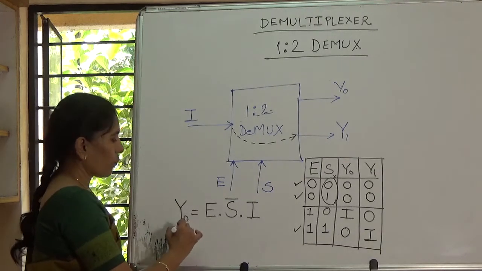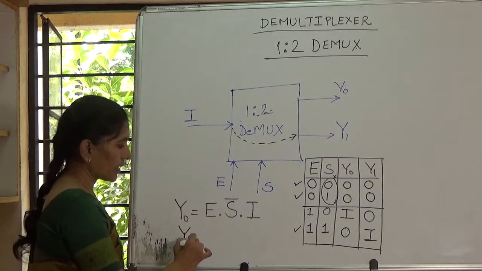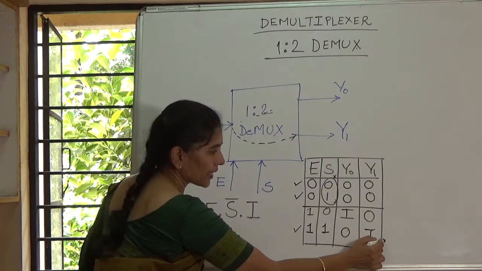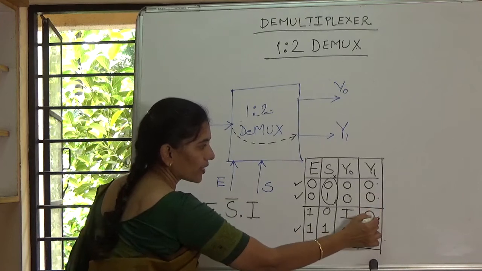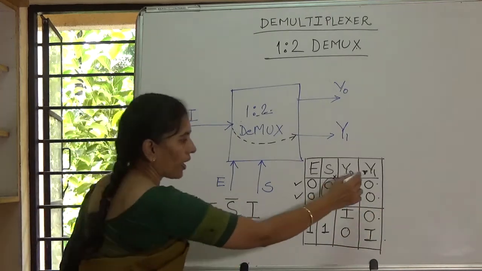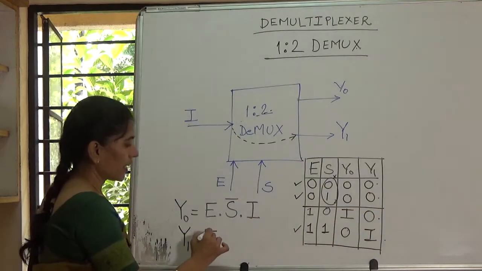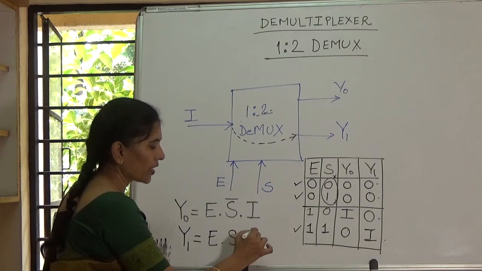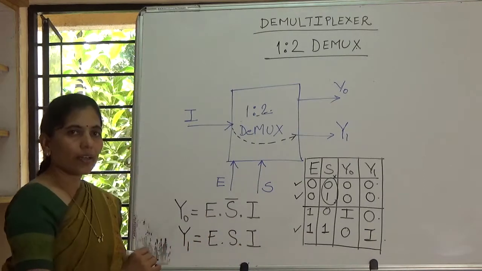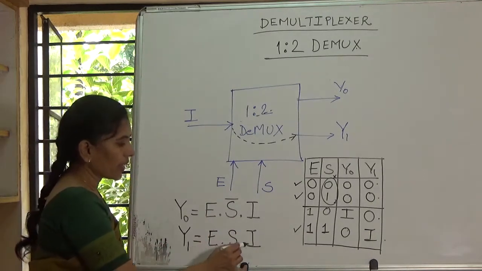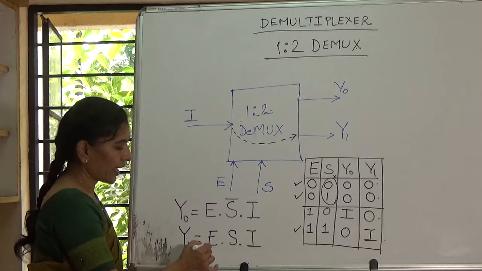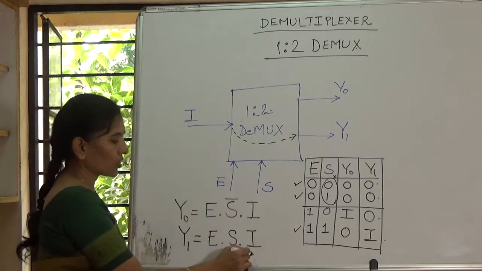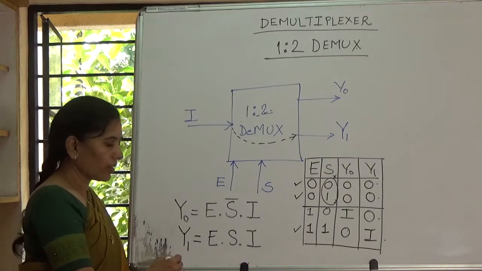Similarly, Y1 is equal to I only in this case, otherwise it is 0 for these three combinations. So Y1 can be written as E dot S dot I. So if all three inputs are 1, that is enable is 1, S is 1, and the input given to the demultiplexer is also 1, Y1 will be a 1.